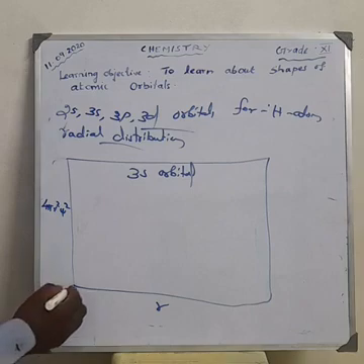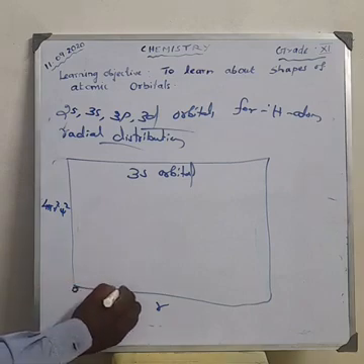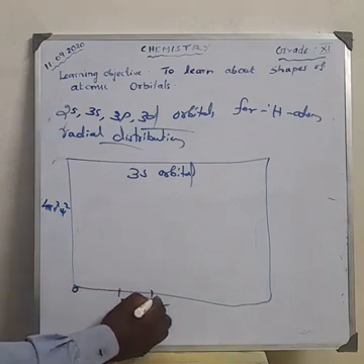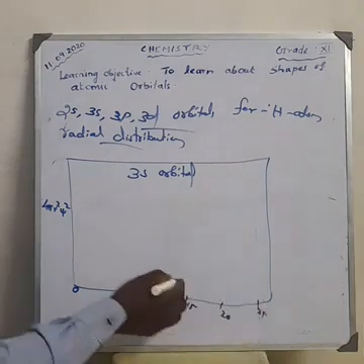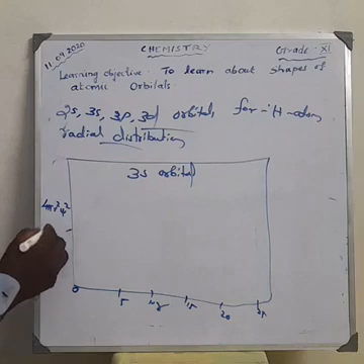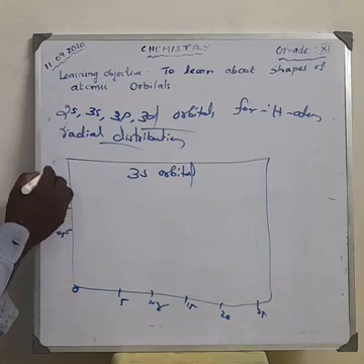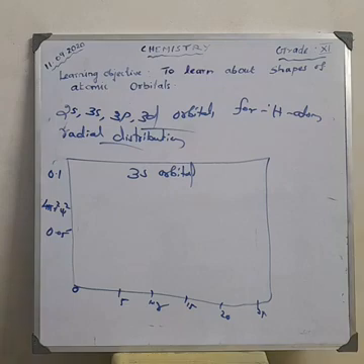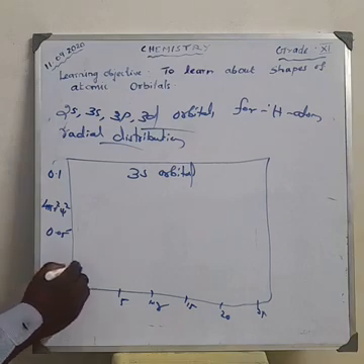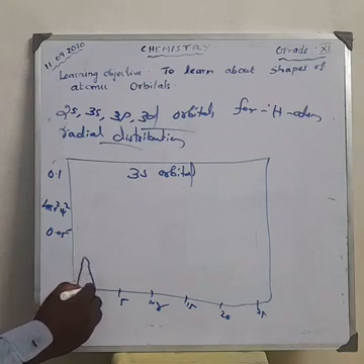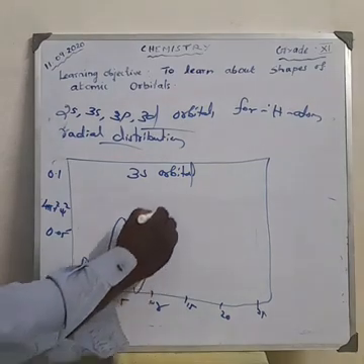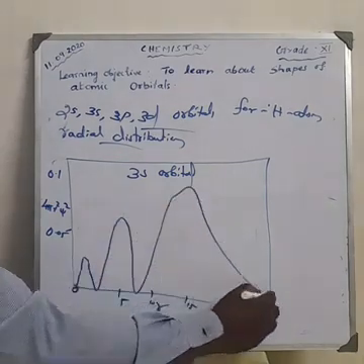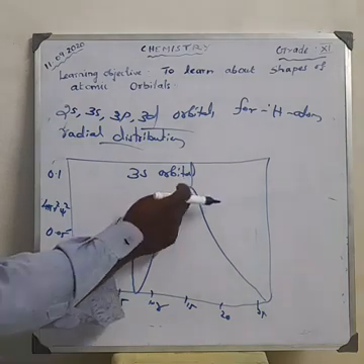The same units for the x-axis: 0, 5, 10, 15, 20, 25, and the same values 0.05, 0.1. The starting point is 0. First increasing, then decreasing, then increasing, decreasing, again increasing, and then coming to 0. This is the maximum.